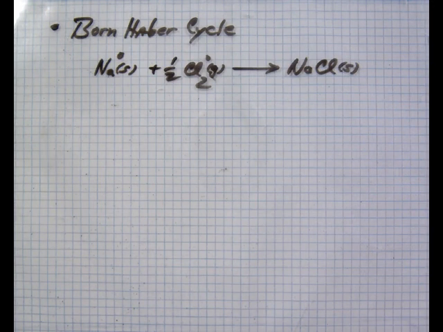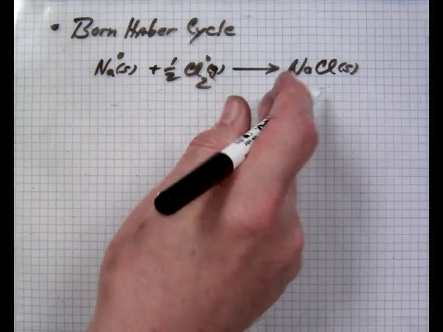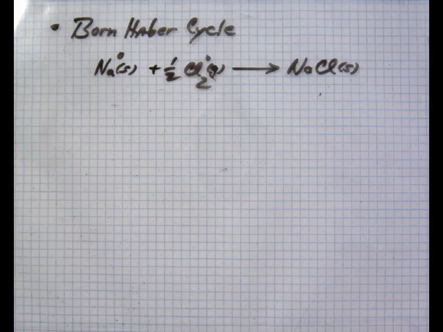In order to make an ionic compound, you've got to convert these standard state elements or constituents of the sodium chloride into ions. So we go through a kind of flow chart here. Remember this, starting here with a standard state, we're going to convert them to a form we can convert into ions.